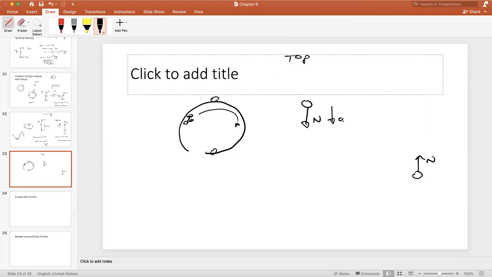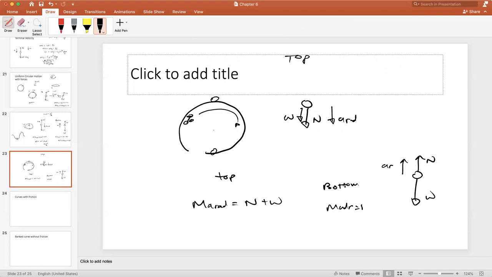At the top, A-rad is towards the center of the circle, and his weight is down. At the bottom, his weight is down, and A-rad is up. And again, MA-rad is now N plus W at the top, and at the bottom, MA-rad is N minus W. Keeping in mind that MV squared over R is N plus W.